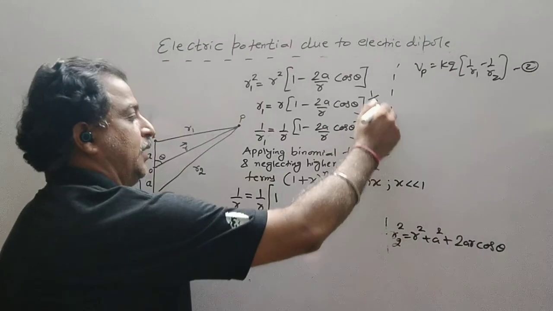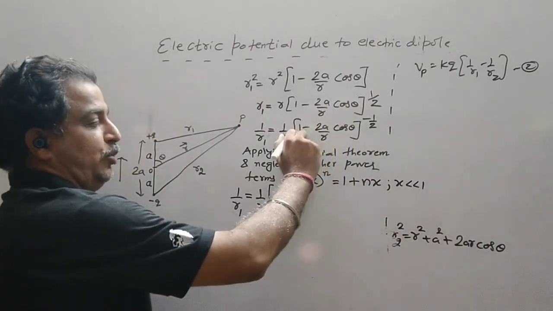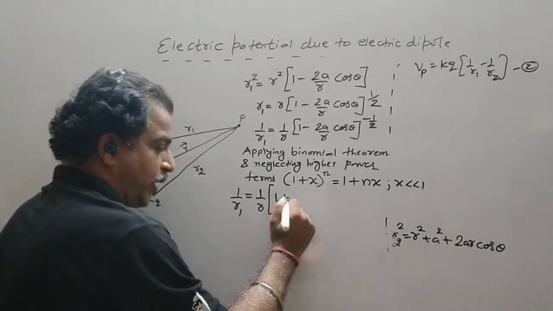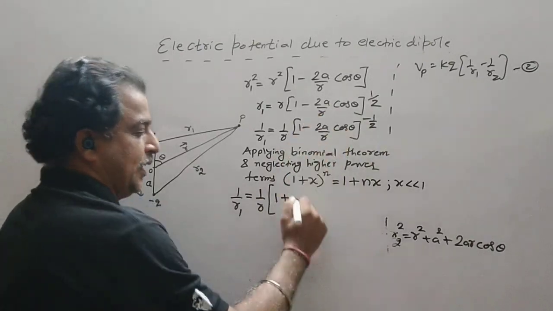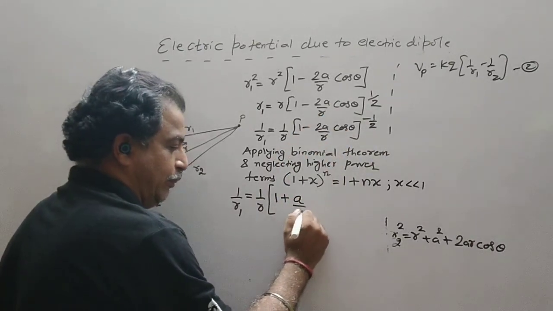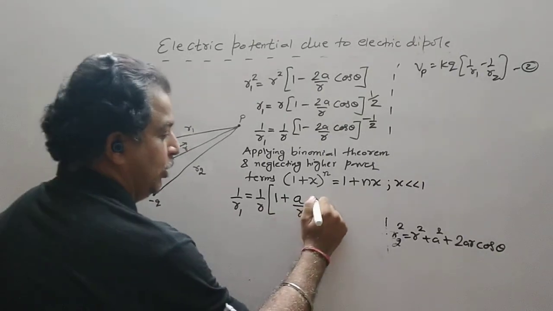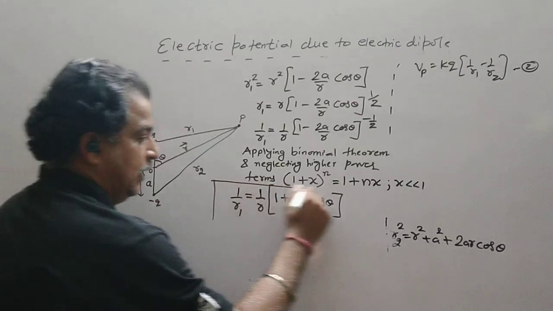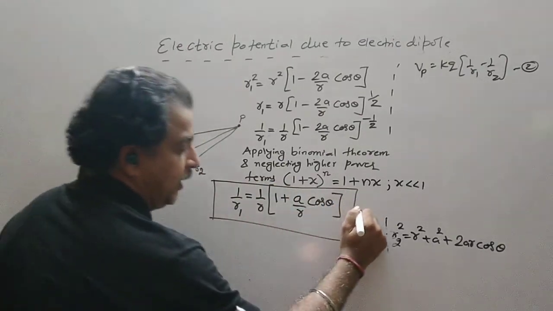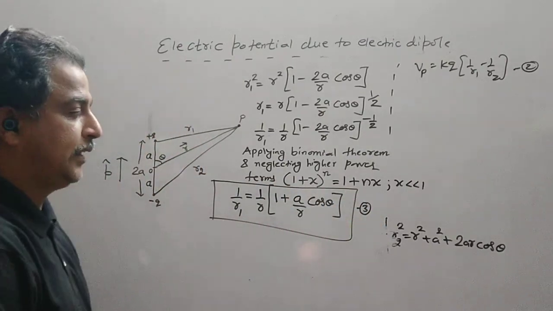That minus half comes here, so minus becomes plus. When this minus half is multiplied, 2 is cancelled. So I get A upon R cos theta. So this is 1 upon R1, that is equation number 3.